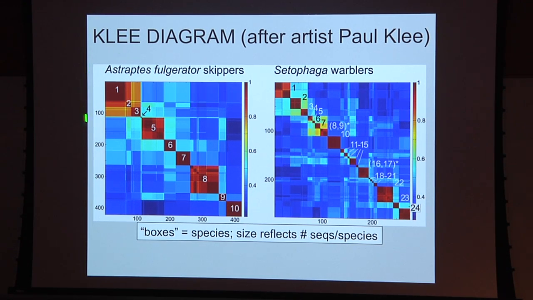In this way of representing it, if it's red, it means they're very similar or identical. We group the sequences here according to similarity, and then we look at how many groups they fall into. So we have 400 sequences. This is a kind of skipper butterfly that has one species name, but it's thought to actually represent 10 species. When we put them onto this graph, we actually see very distinct blocks.